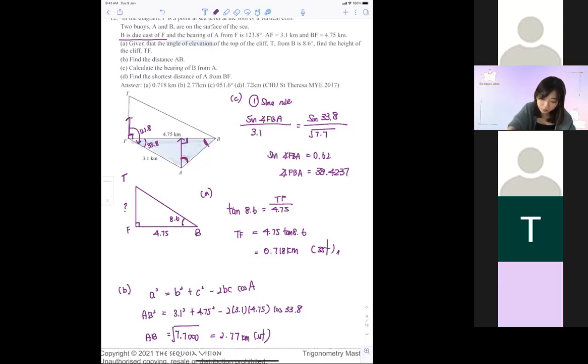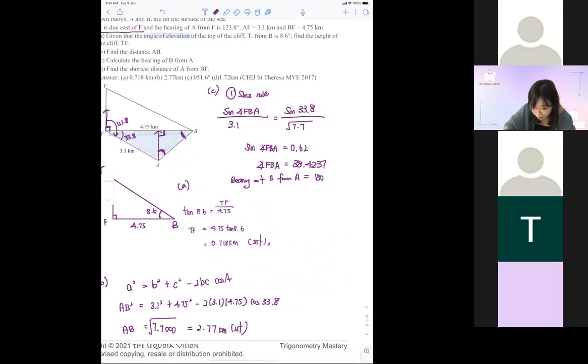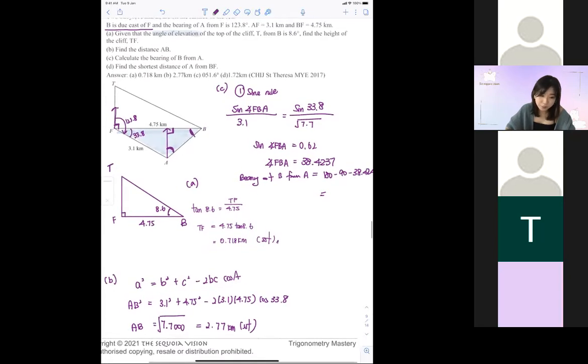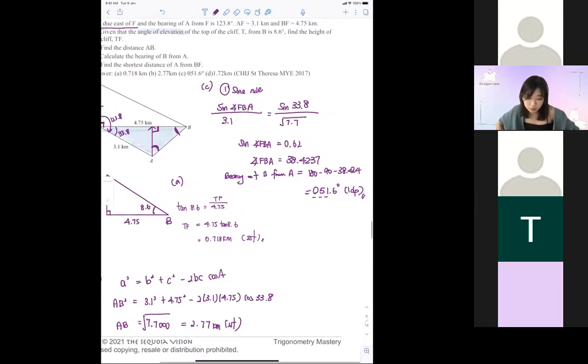So the bearing of B from A is 180 minus 90 minus 38.424, which gives 51.6. For bearing, you must put 3 decimals before answer. Okay, this is your sine rule.